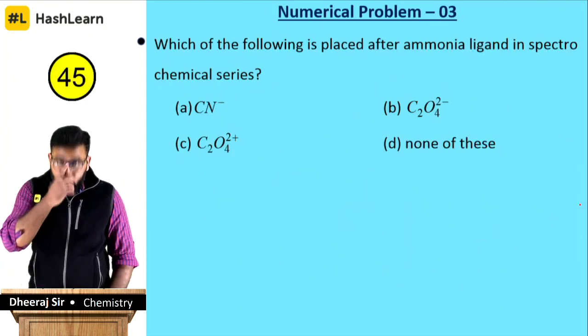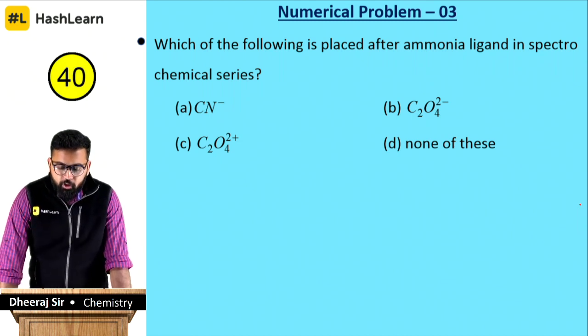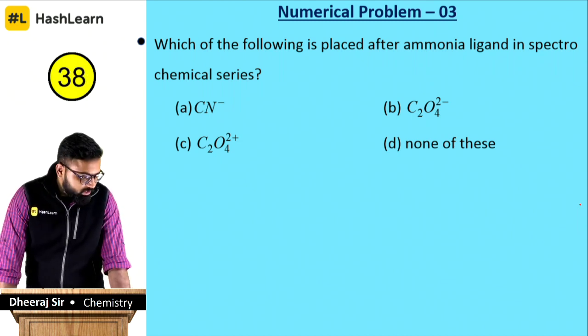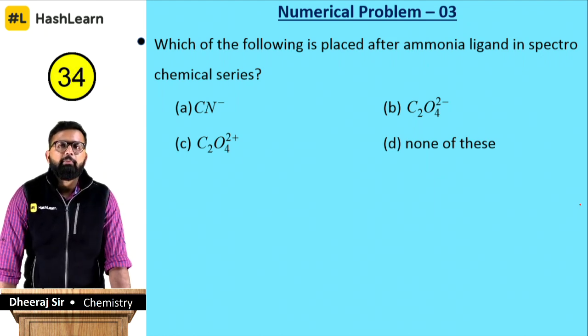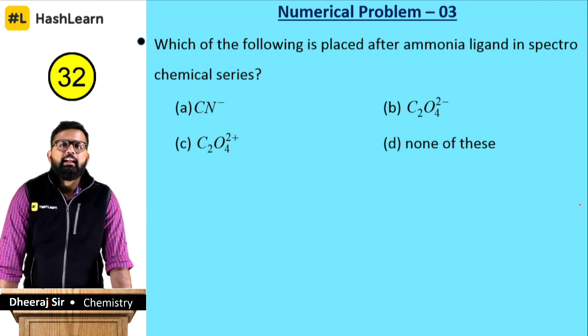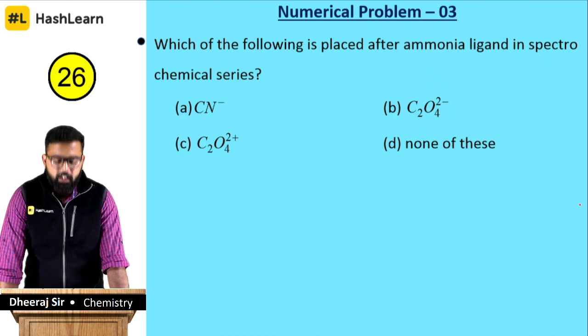Moving ahead, guys, to the third problem. Which of the following is placed after ammonia ligand in the spectrochemical series? So what is the spectrochemical series? The spectrochemical series is the arrangement of ligands in the increasing order of their capacity to split the d orbitals. You will see this in crystal field splitting theory.